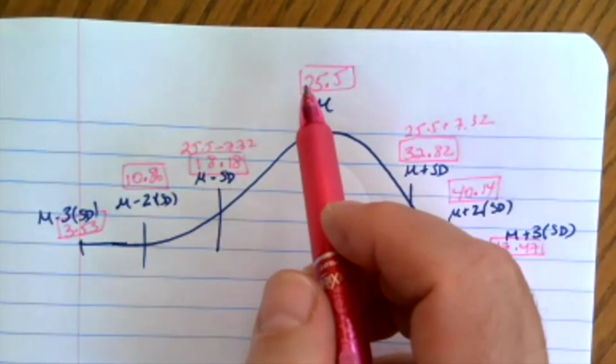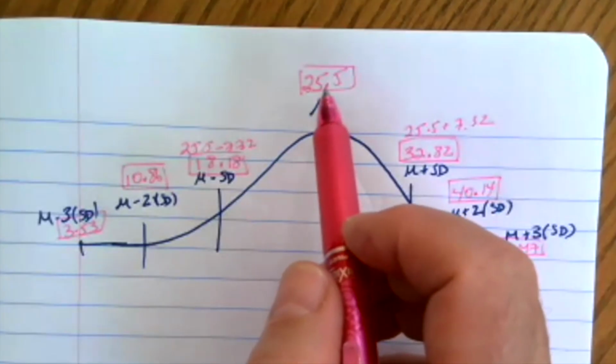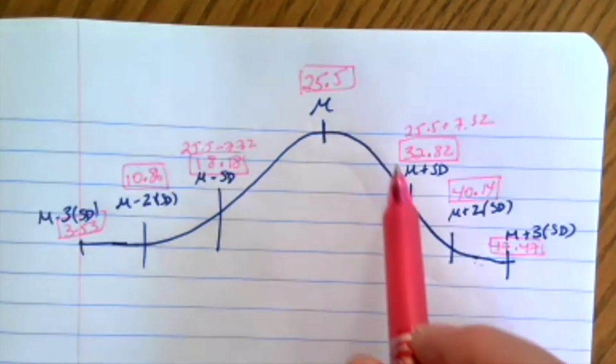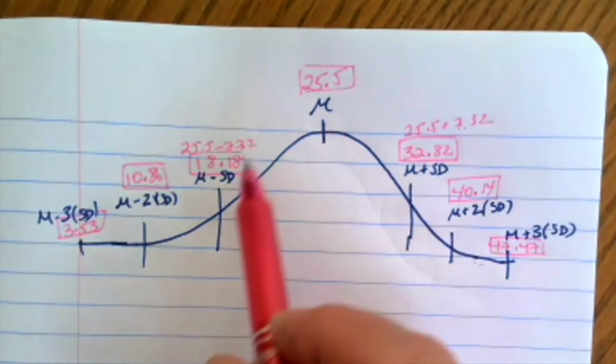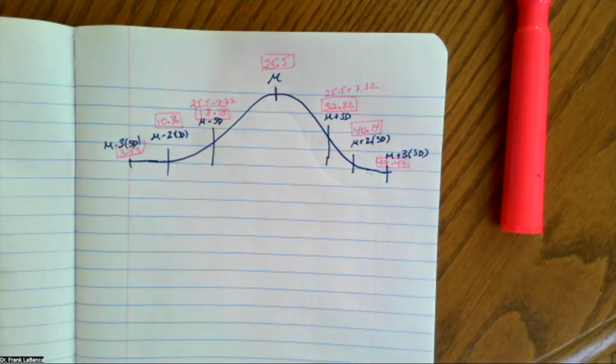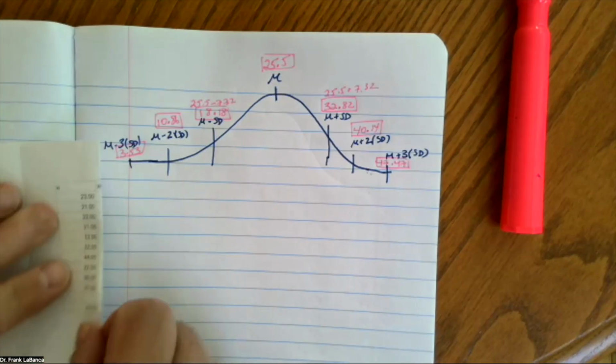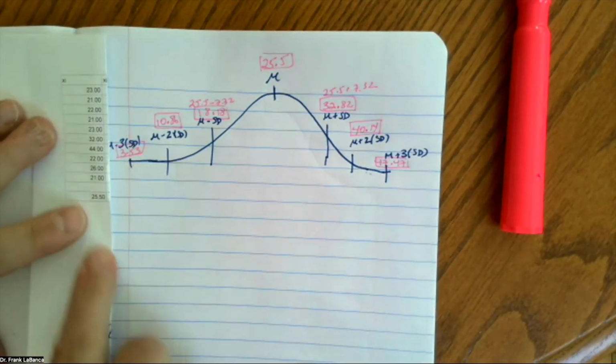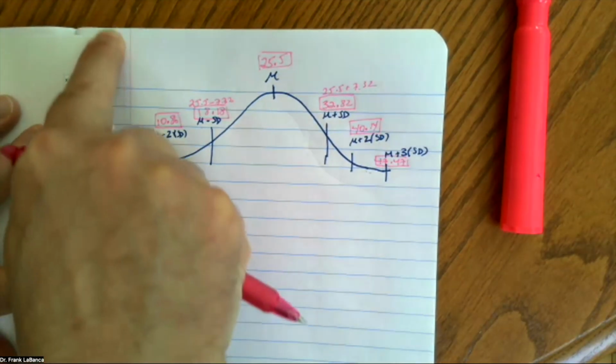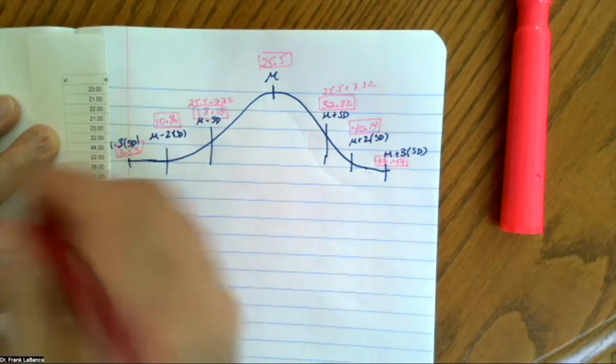This class average was a mean of 25.5. And then we have the deviations away from the mean. I'm just going to pop back in the original data just so we can take a look at it and do some more sense making out of it. So here is that original data, the original scores with the mean here, right?